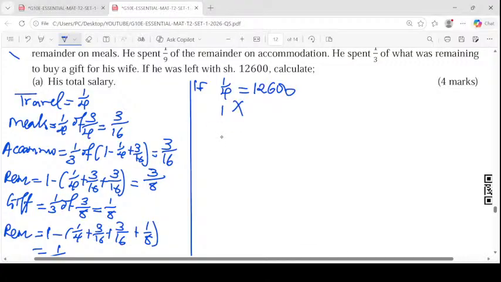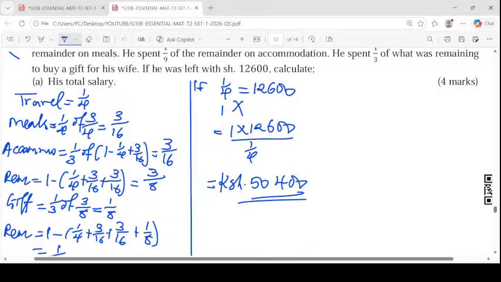This will be 1 times 12,600, divided by a quarter. 12,600 divided by a quarter, you get 50,400 shillings as the total amount.